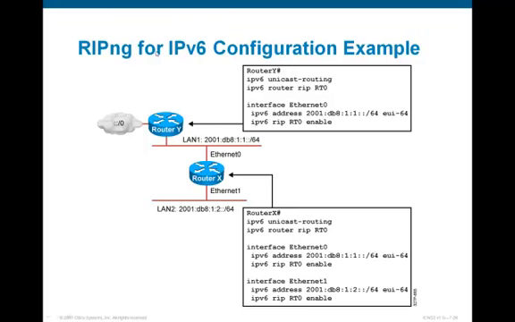Now in IPv6 routing configuration, we do not have a network command. We simply enable the respective interface to run RIP, in this example, by enabling the routing command, in this case RIP, on the respective interfaces.